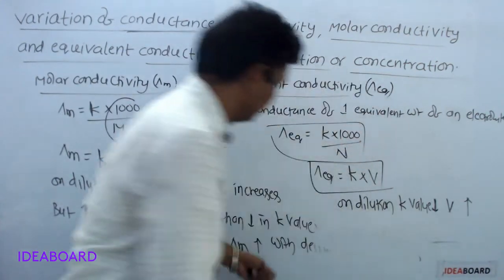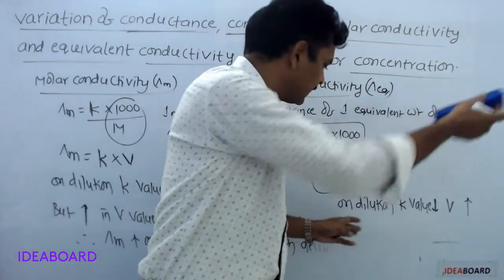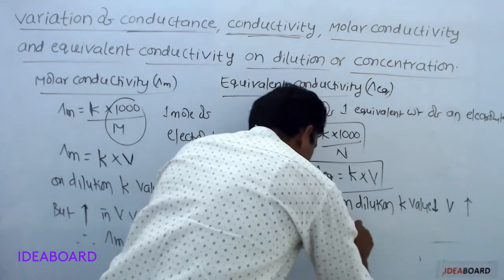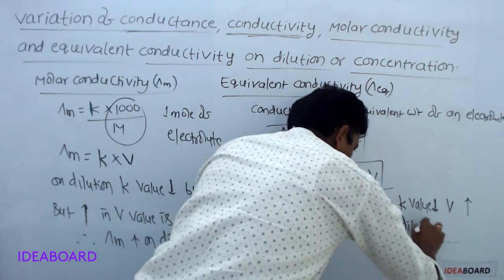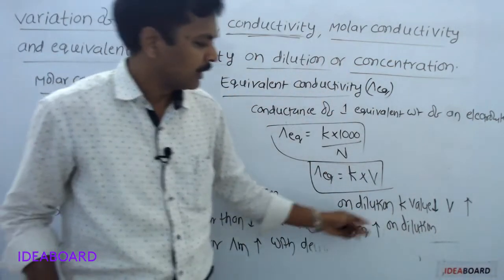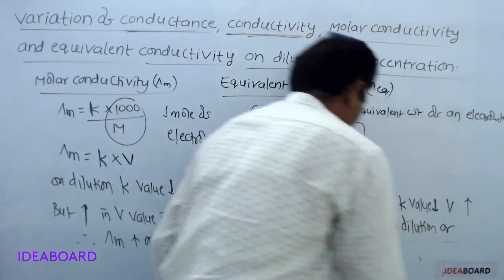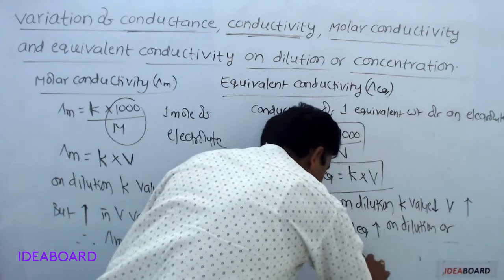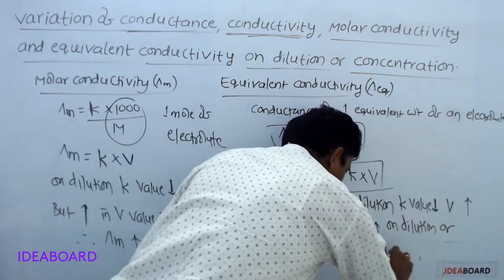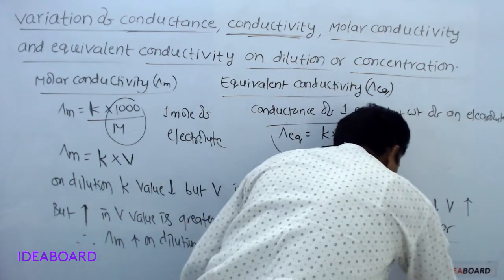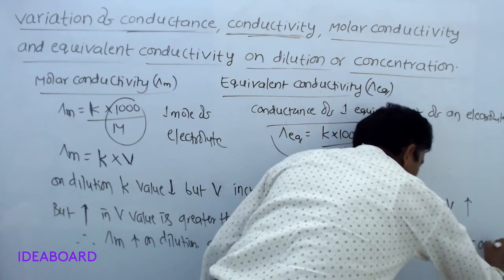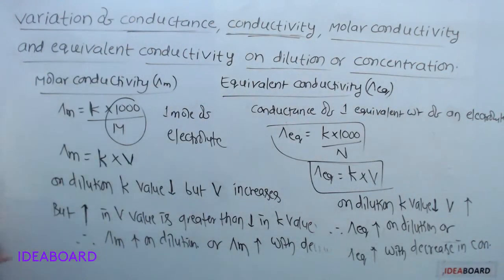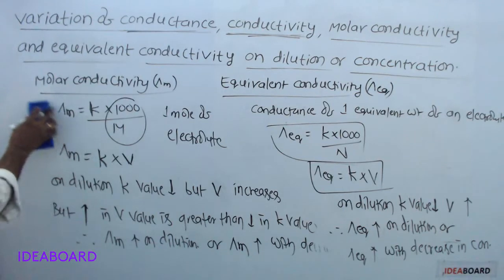Therefore, equivalent conductivity increases on dilution, or equivalent conductivity increases with a decrease in concentration. This is the variation of conductance, conductivity, molar conductivity and equivalent conductivity on dilution or on concentration.